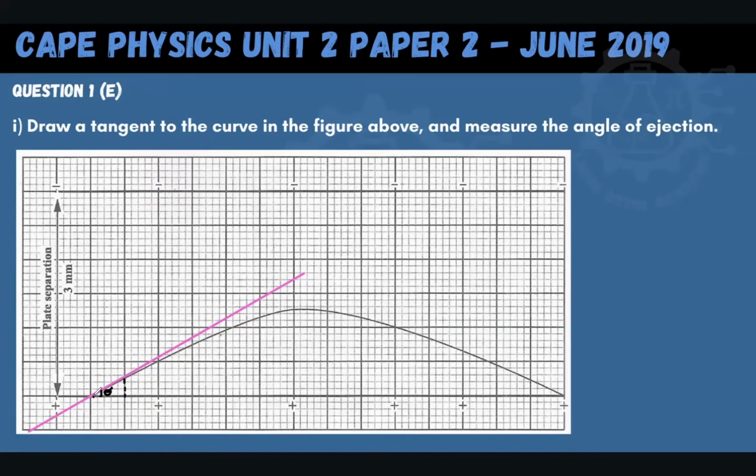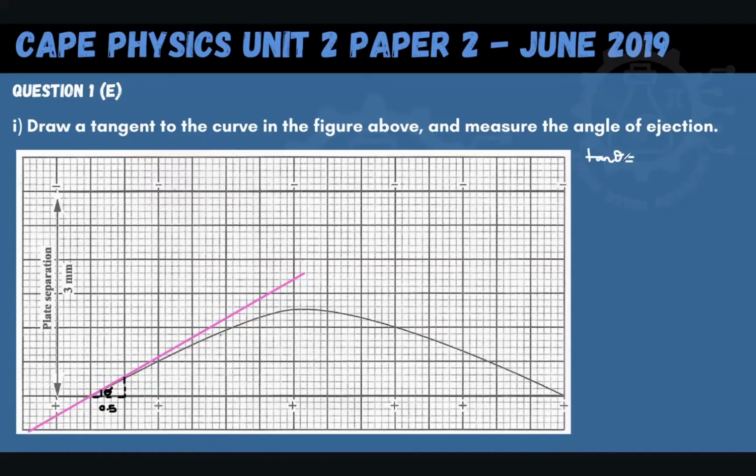So I'm going to mark out these points here. They already told us that this is 0.5 millimeters. If I take this as my opposite over my adjacent, I'm going to write what I'm doing over here. I'm just using tan theta to roughly approximate it by calculation because I don't have a protractor to measure it. You would do that in your exam.